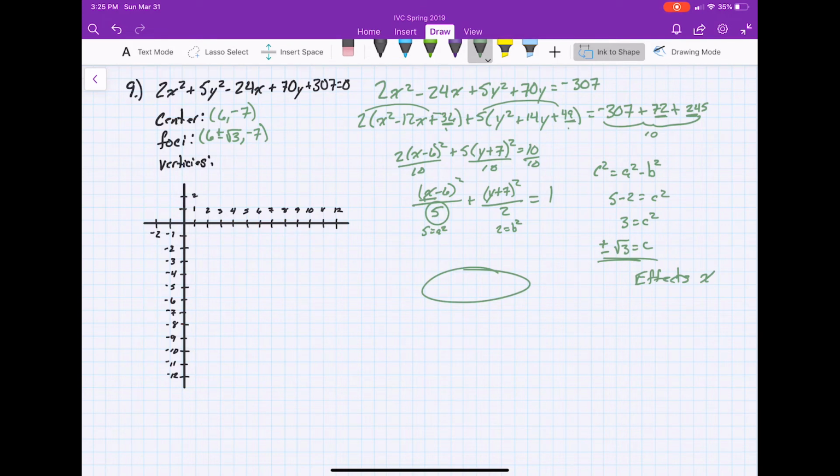Anyway, now we need to find our vertices, and we have a squared is equal to 5, so a is equal to plus or minus the square root of 5. And again, this is going to affect our x value. So we can write our vertices as 6 plus or minus square root of 5, and then negative 7. That'll produce 2 points.